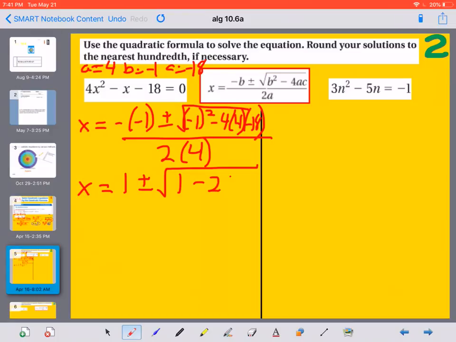Now the 18 was negative, so negative 4 times 4 is negative 16. Negative 16 times negative 18 gives us a positive 288. All over 2 times 4, which is 8.